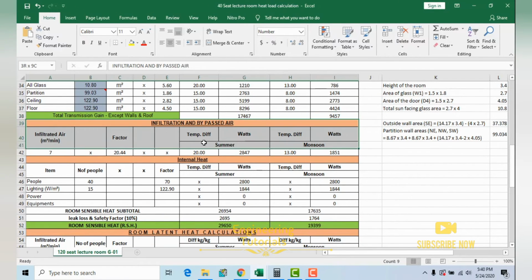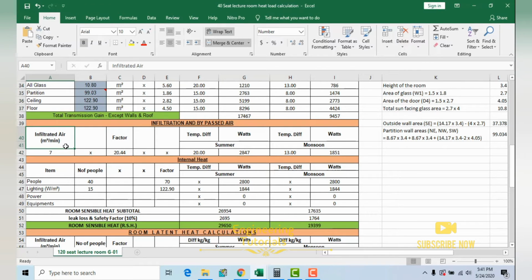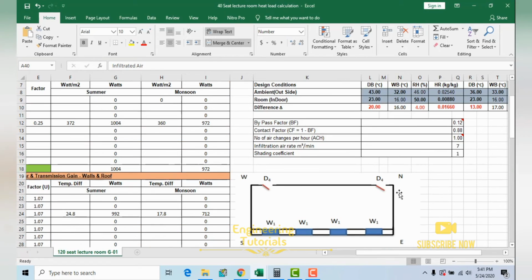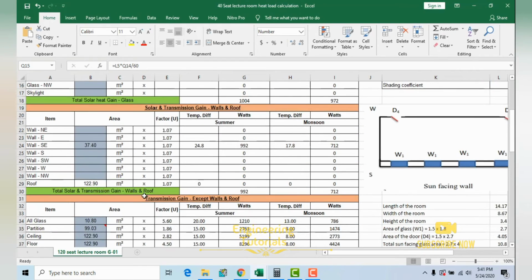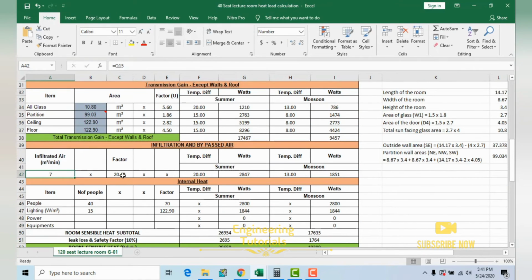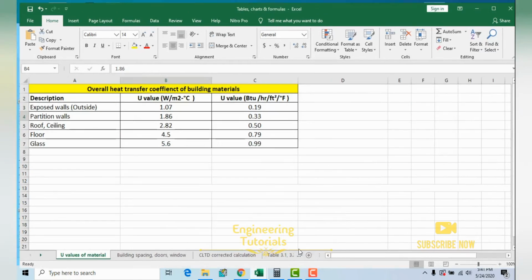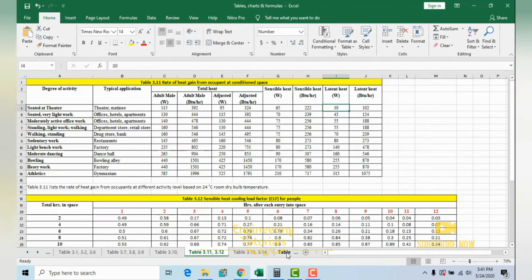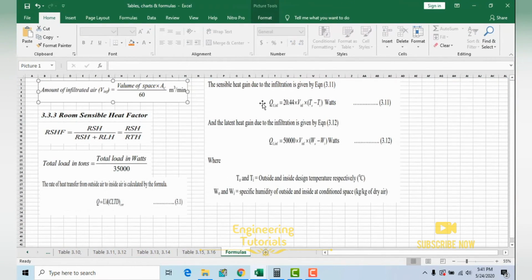So now we have to calculate the infiltration load. The infiltration flow rate we already calculated before, if you remember. Infiltration flow rate is this one, that is 7 cubic meter per minute. If you remember the formula which I told you for infiltration load calculation, this is the formula for sensible and this is for the latent.